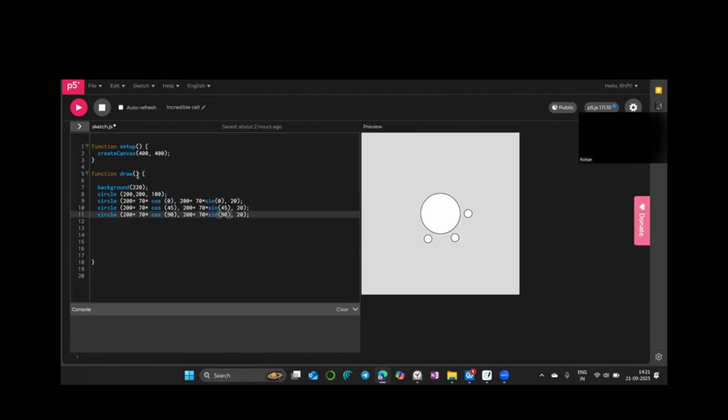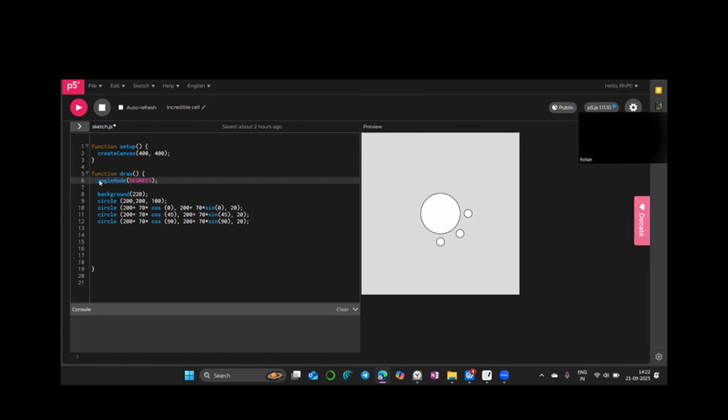Yes. So I think we can fix this by making sure that these angles are in degrees and not in some other thing. And for that, we can use this function. Let me see if it works. Yeah, you can see the changes now.